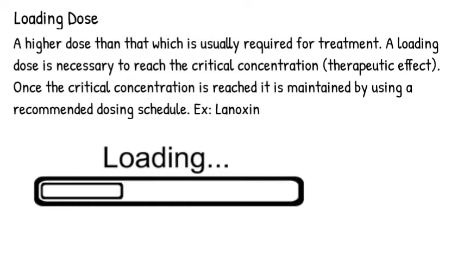The doctor's going to order Lanoxin 0.5 milligrams to be given IV now. That's going to be our loading dose. It's a large amount. Once we give that, the doctor's going to say, now I want you to give Lanoxin 0.25 milligrams every day. That's going to be your maintenance dose.